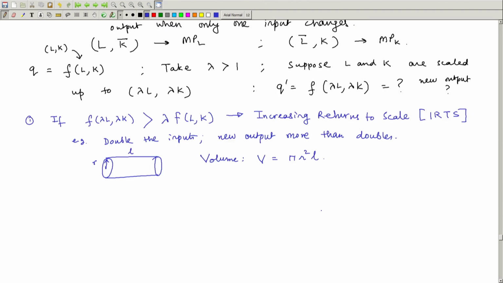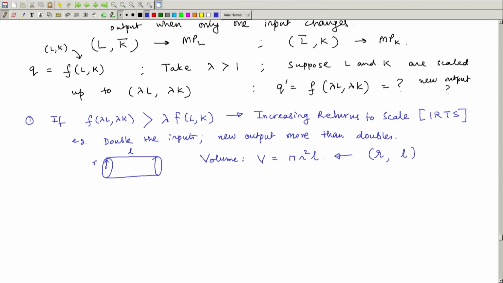So, initially instead of labor and capital, my inputs were the radius and the length, and the volume of water that I was able to send from point A to point B was pi times r square times L.